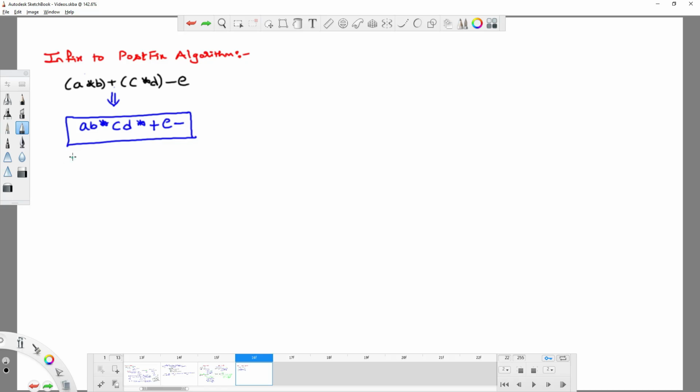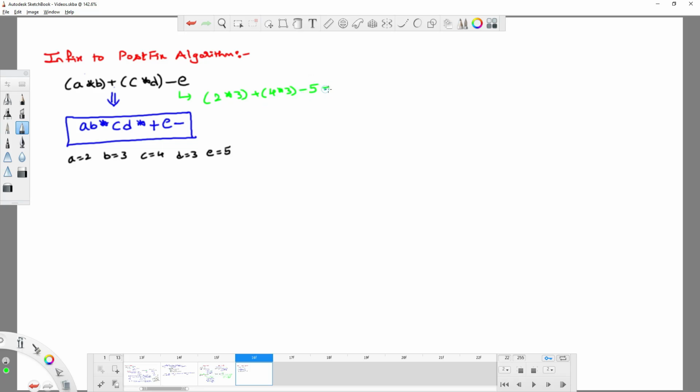Let's say A is equal to 2, B is equal to 3, C is equal to 4, D is equal to 3. Let me take E is equal to 5. If I take this set of values, what about this expression? 2 into 3, plus 4 into 3, minus 5.